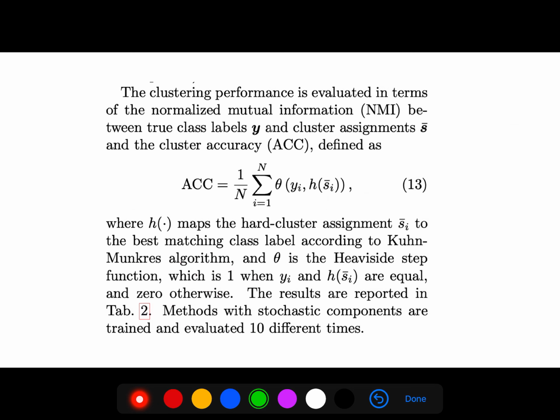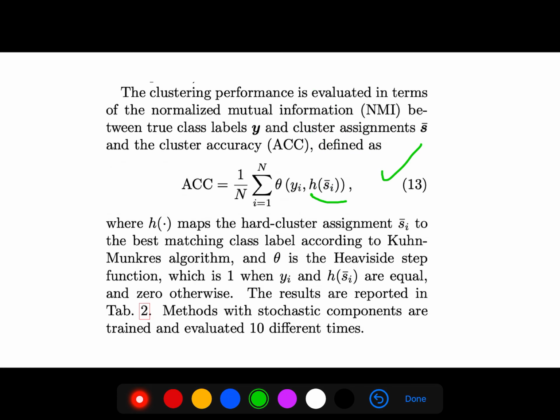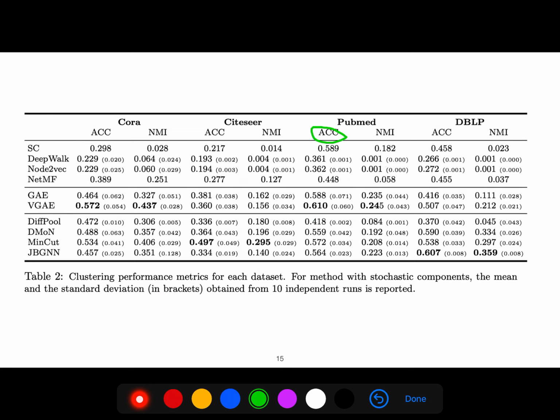And they use this cluster accuracy, and H maps hard cluster assignments to the best matching class. And for PubMed, for example, this cluster accuracy that we discussed, for DiffPool is 0.41.